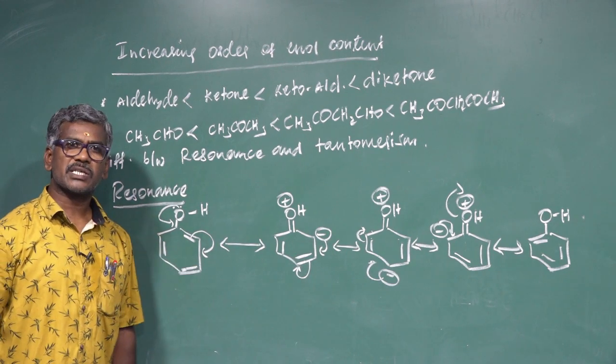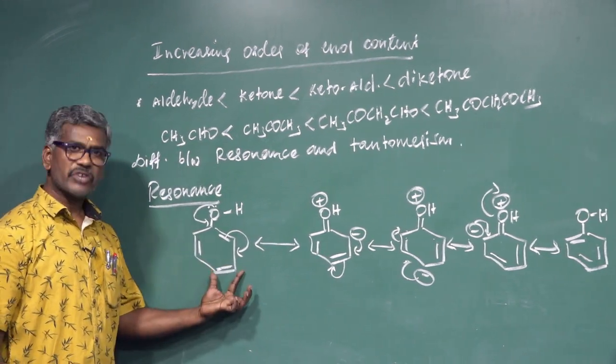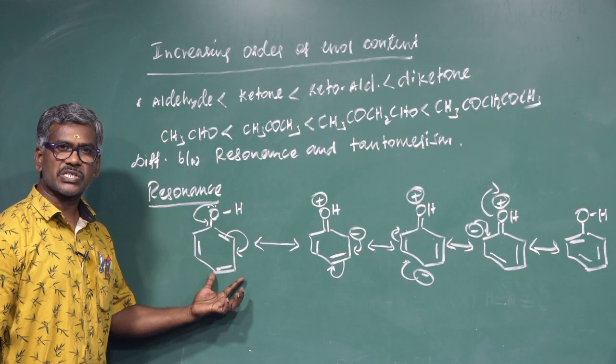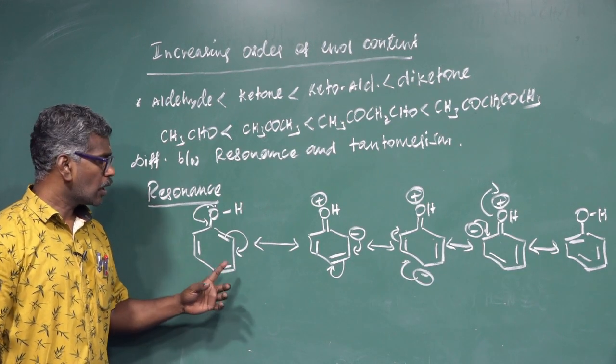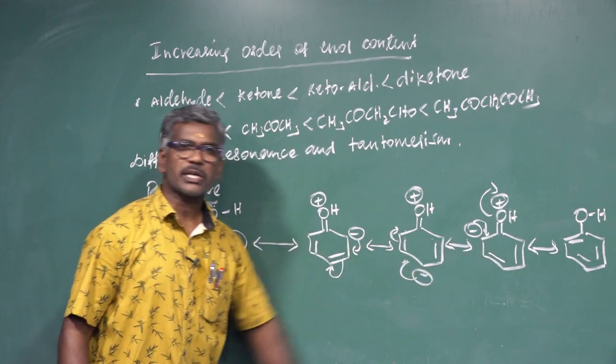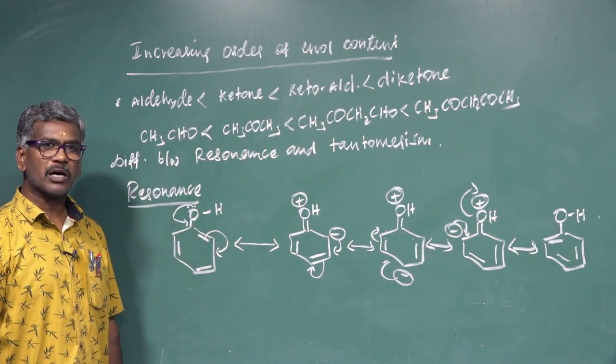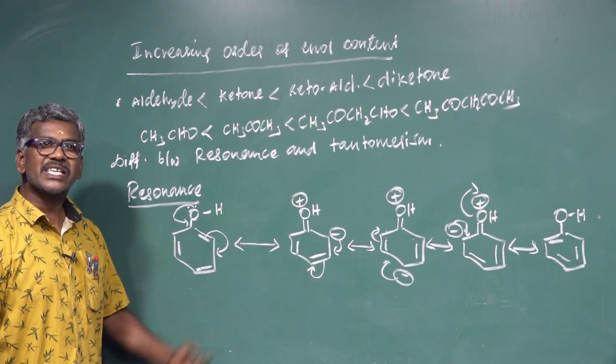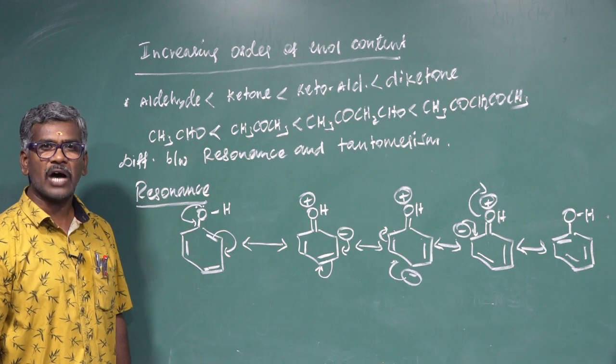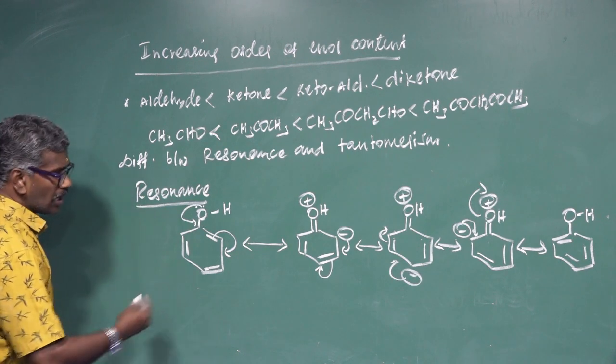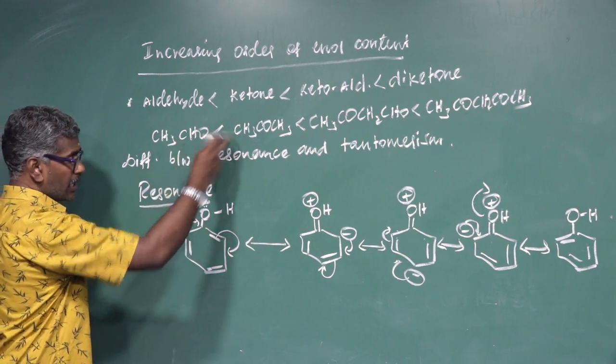This is known as a resonance structure for phenol. What is the definition of resonance structure? The phenomenon in which more than one structure can be written for a compound, but with a fixed position of atoms and nucleus. For example, there is an aldehyde or ketone.